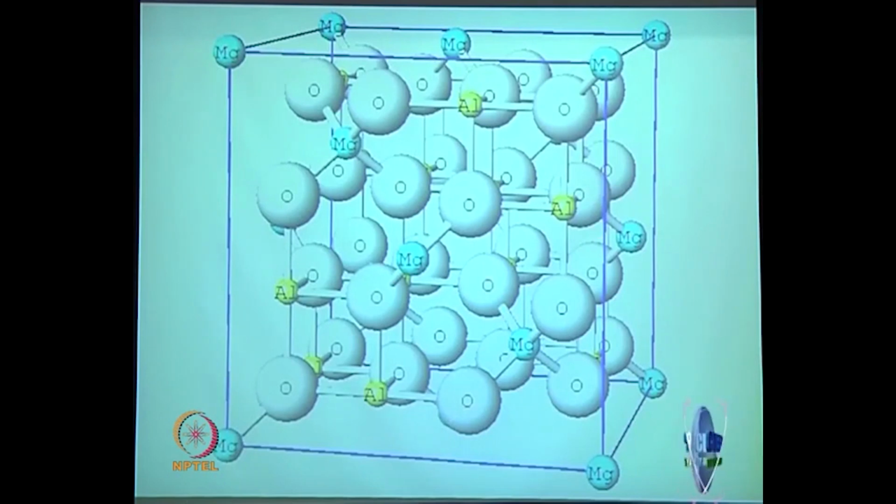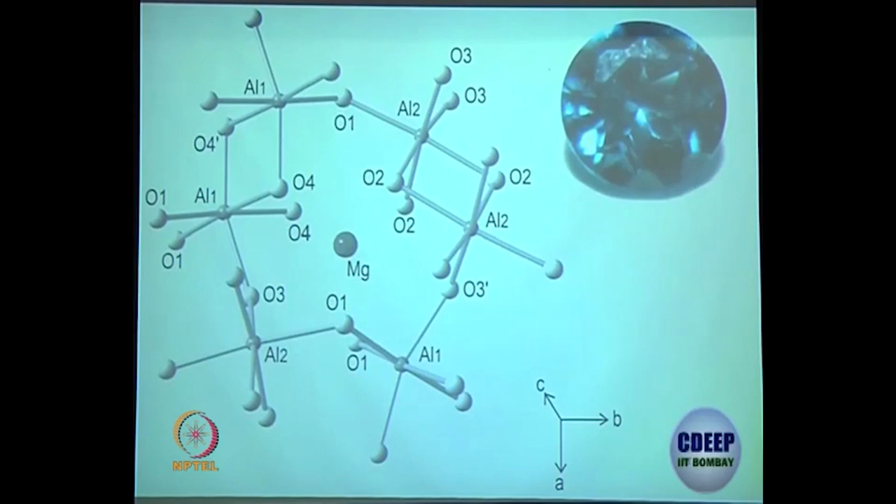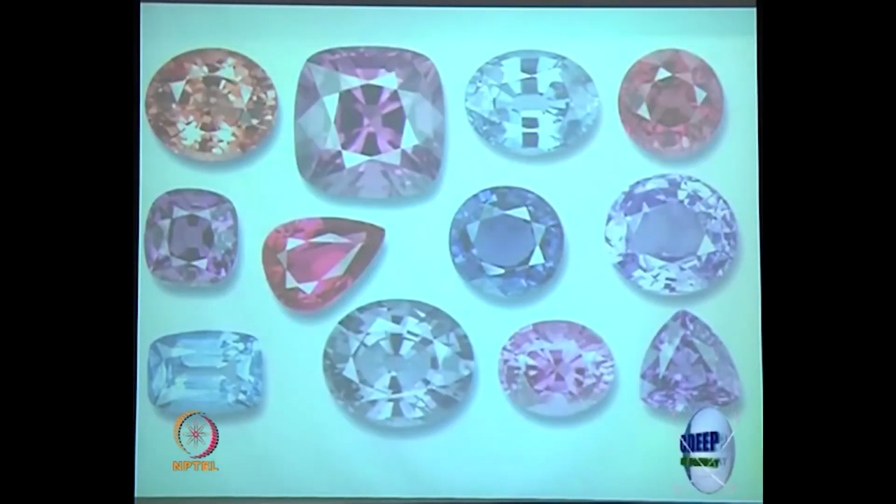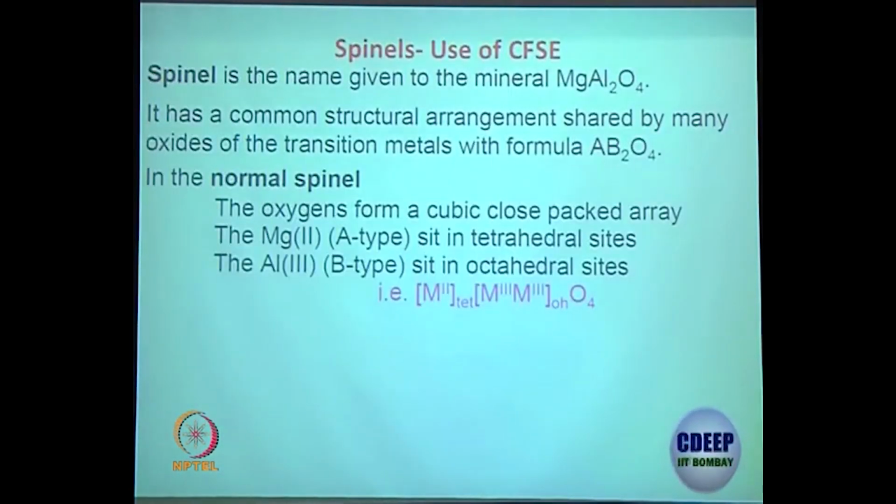So over here this is further showing you 1, 2, 3, 4. It is a little bit complicated looking, but if you go by the unit cell, break down the complex structure and look at the core of it, in AB2O4 both the B will be in octahedral geometry.